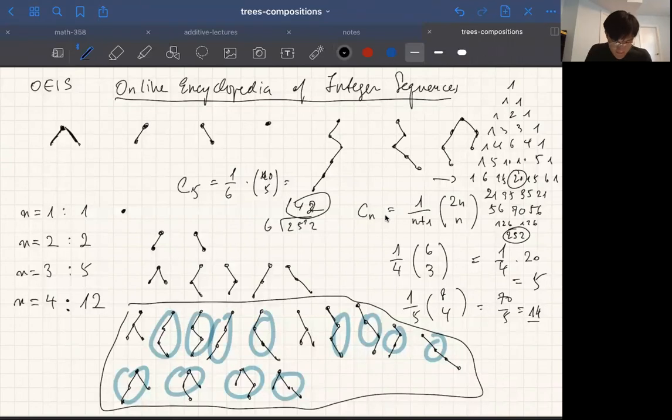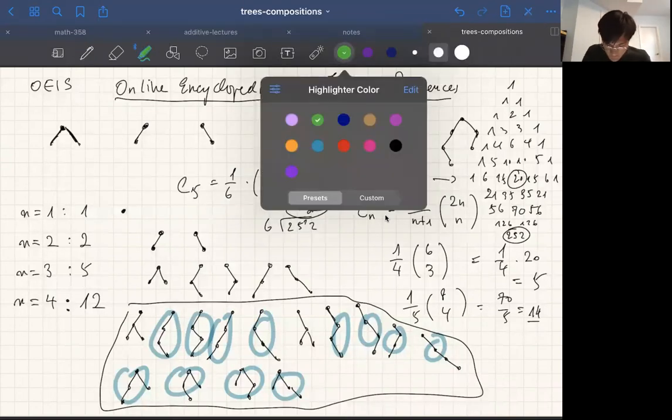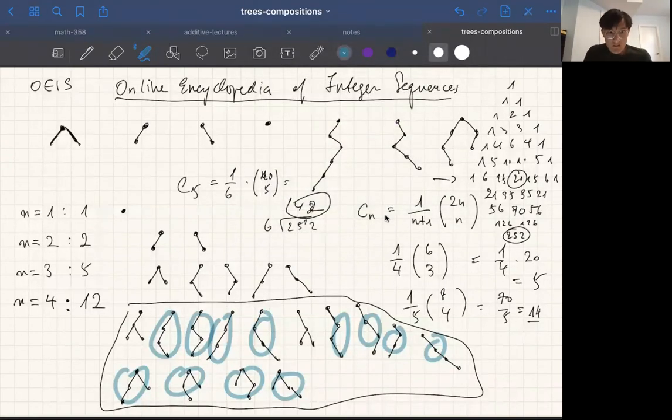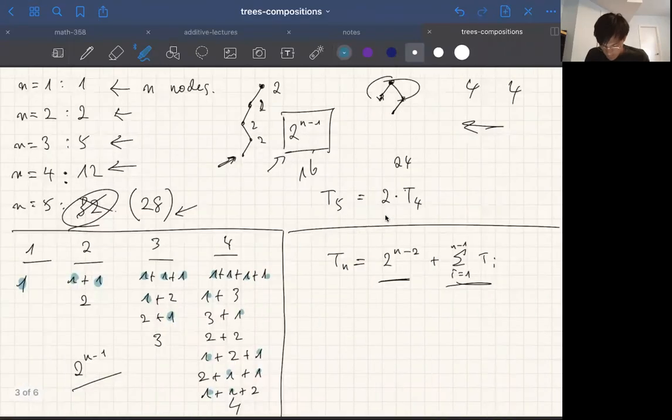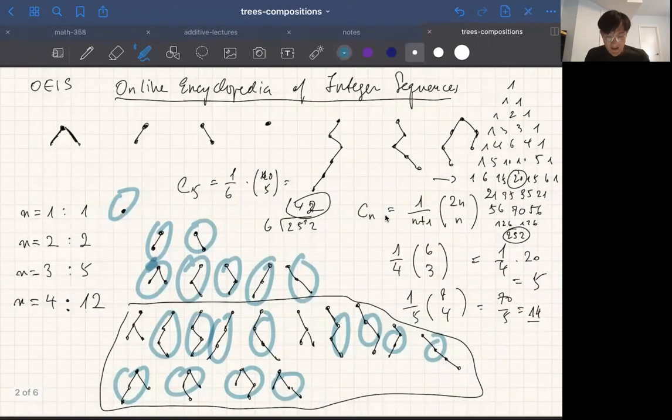So it's saying that the recurrence is saying that the number of noodle trees with 5 nodes has something to do with this sum. If we look at all of these trees, each of those are counted once, and then you add another 2 to the n minus 2. But each of these trees should correspond to exactly 1 tree of 5. I'm not really sure what that tree would be.